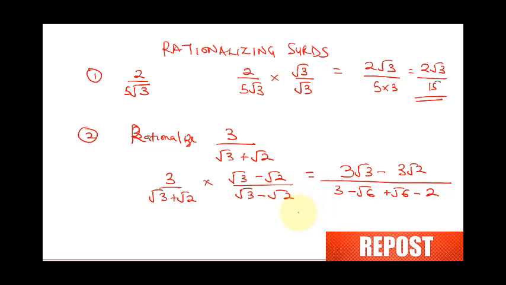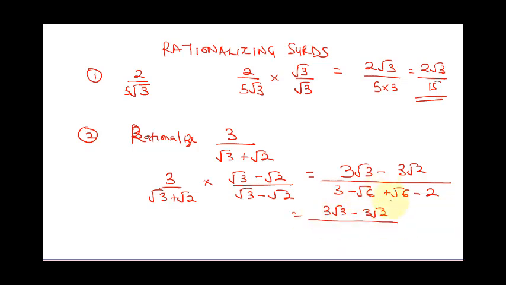So this is going to be 3 root 3 minus 3 root 2 all over, minus root 6 is going to cancel out root 6. Then you have 3 minus 2, that's over 1. So your final answer is going to be 3 root 3 minus 3 root 2. So as easy as that, you can solve this rationalization of surd.